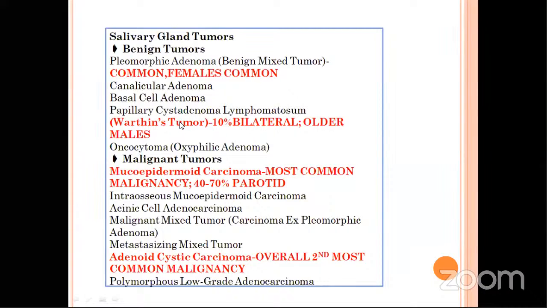Warthin. Which tumor is most commonly associated with smokers? Warthin's. Which is seen in older males? Warthin's. The mucoepidermoid carcinoma is the most common malignancy which occurs in the parotid gland, in about 40 to 70%. The adenoid cystic carcinoma is the overall second most common malignancy seen. So these are some of the common facts with respect to the tumors of the salivary glands.